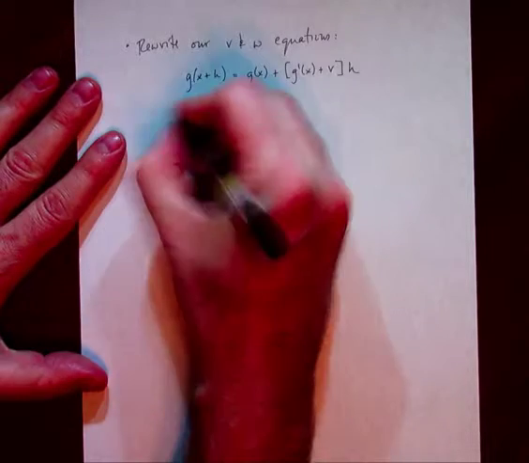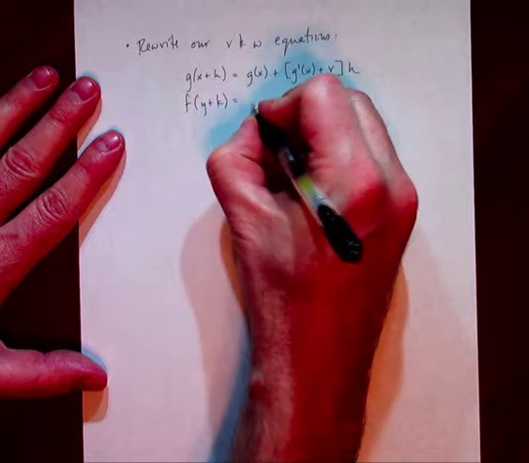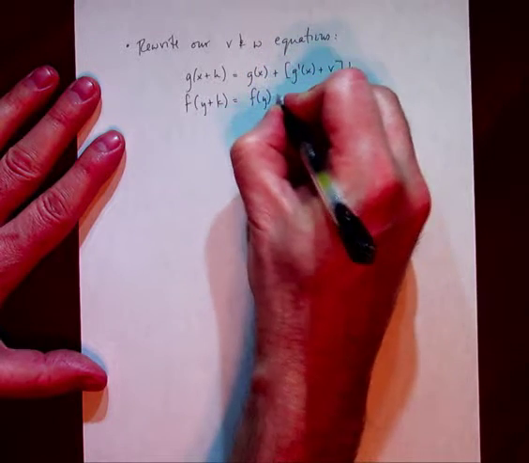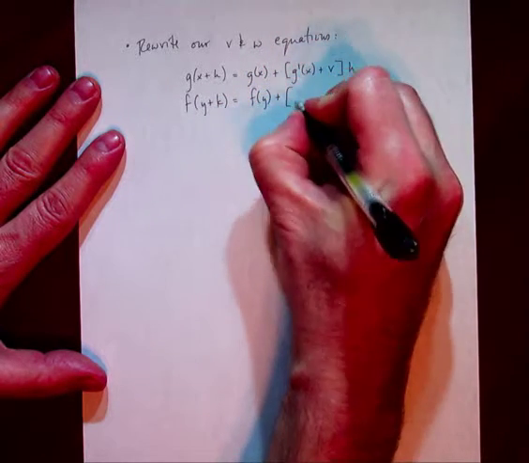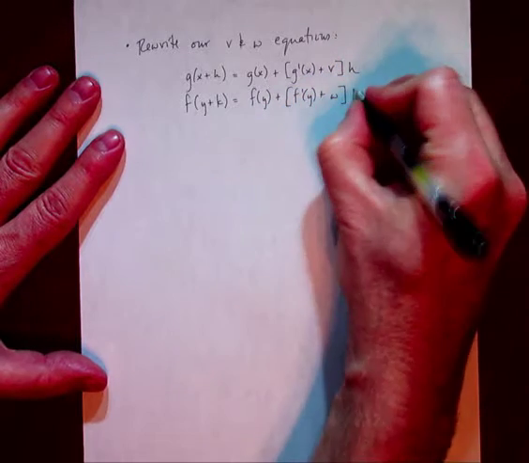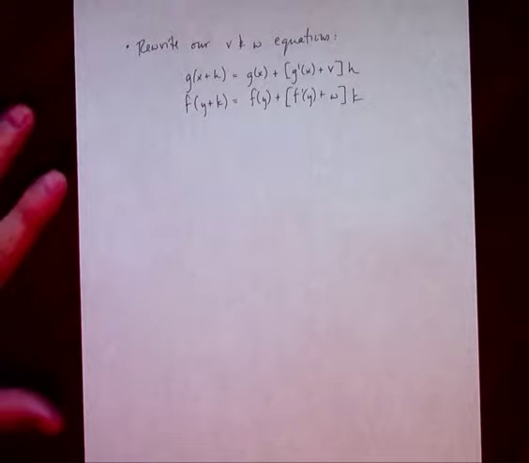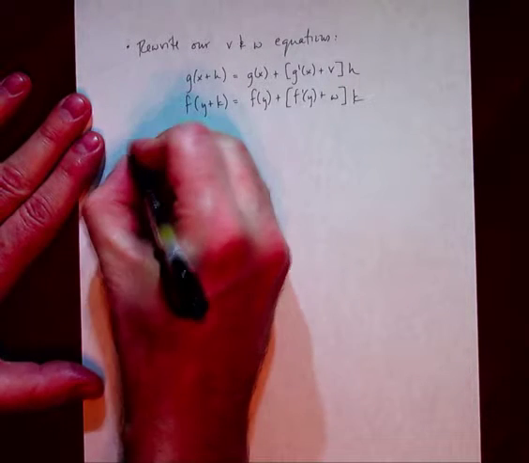And we're going to do something similar for f. f of y plus k is equal to f of y plus f prime of y plus w times k. Now, we need to use function notation to do a little bit of rewriting and re-representing. So we're going to use function notation.